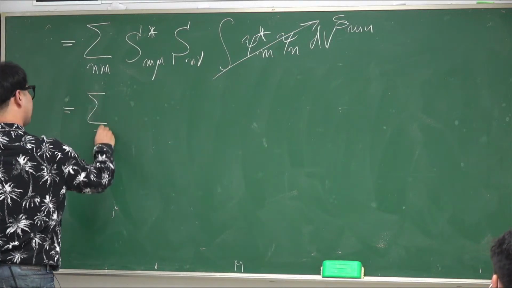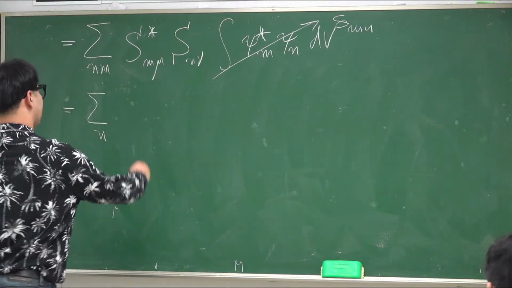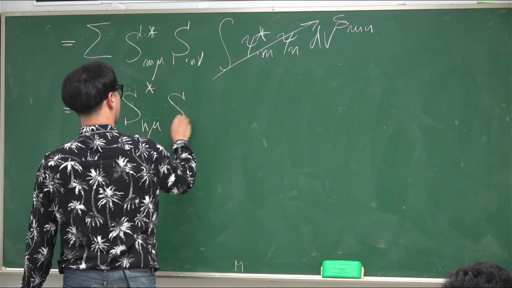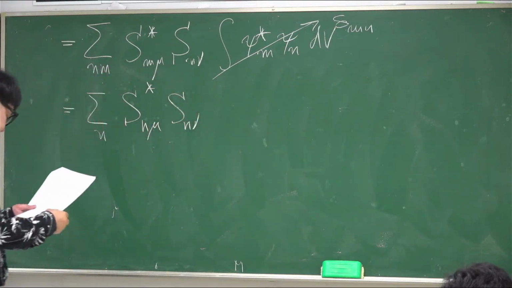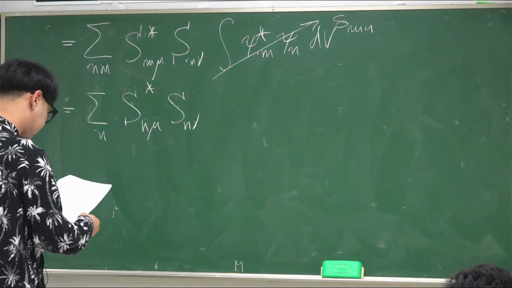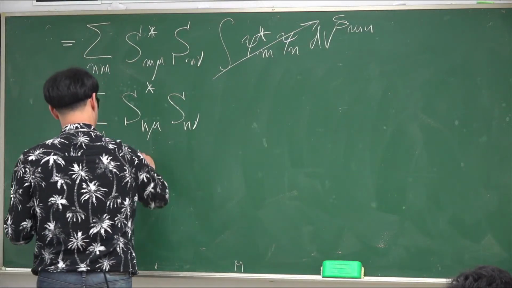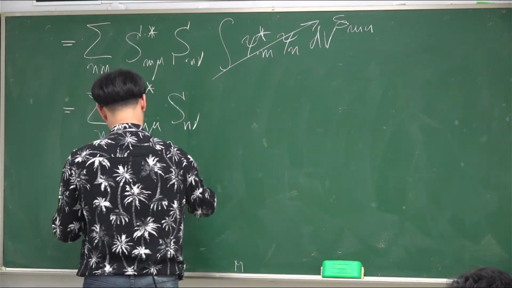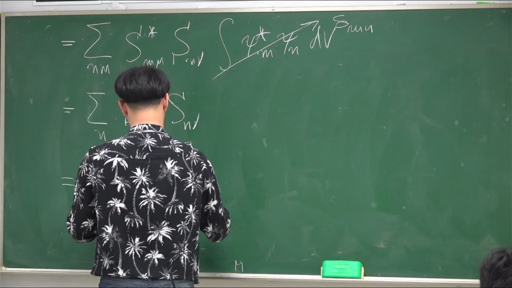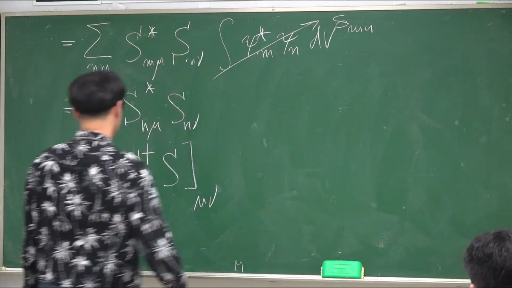So at the end, suppose that you're going to take m away, so you're going to have n mu here, which is actually, okay, in this way.